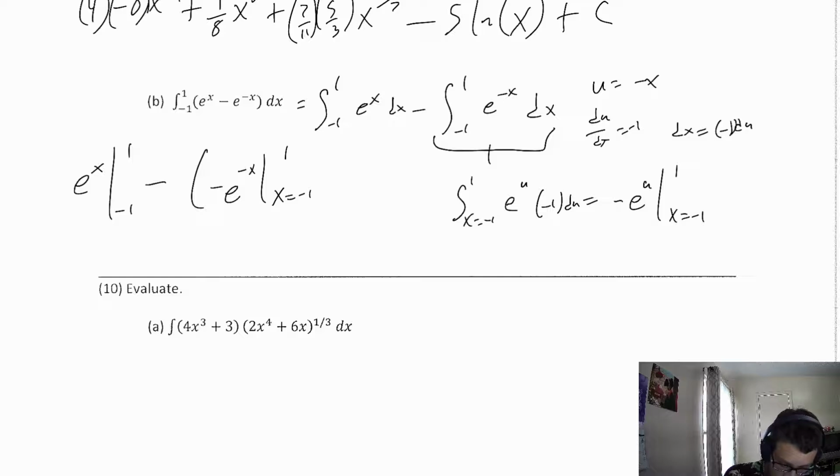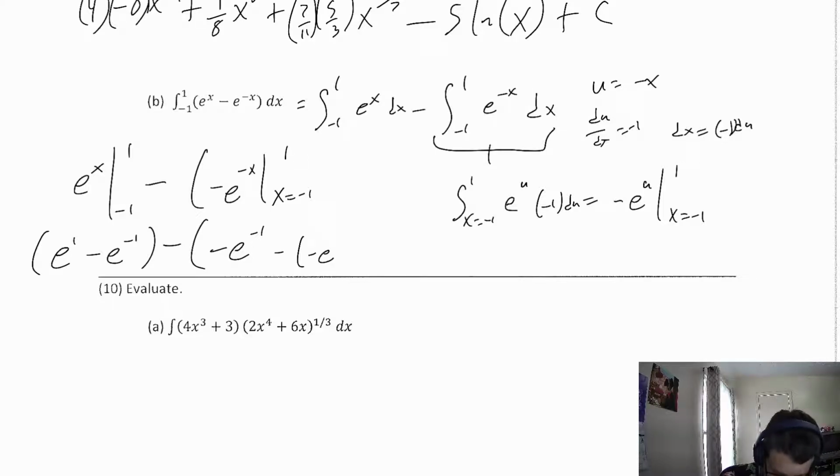And now we can solve this. Let's evaluate this term. We're going to get e to the 1 minus e to the minus 1 minus, now plugging in our endpoints over here, we're going to have minus e to the minus 1 minus e to the minus 1. Okay, which is a little complicated. Let's simplify this down a bit. This becomes plus e to the 1.